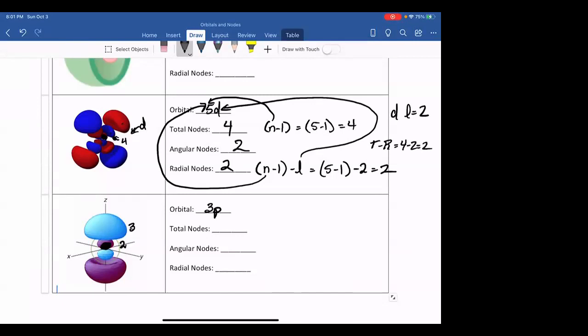I forgot who asked the question, but does that answer that question for you? And it said, yes, it does. Okay. Anybody else have a question about how to figure out the orbital that we're talking about? Because that's where it all begins, is figuring out what orbital you're dealing with.